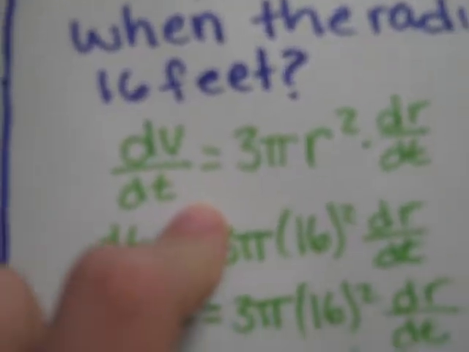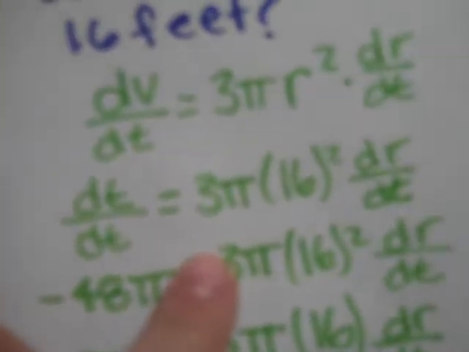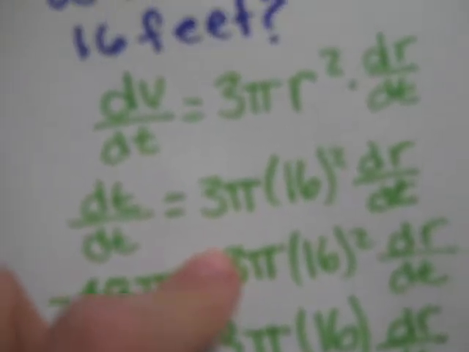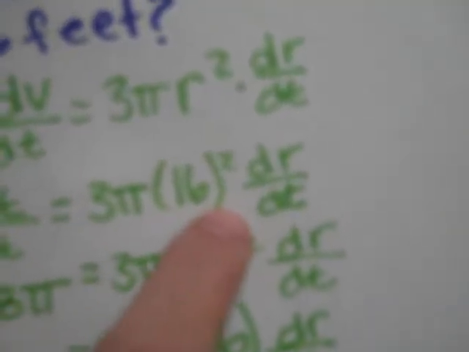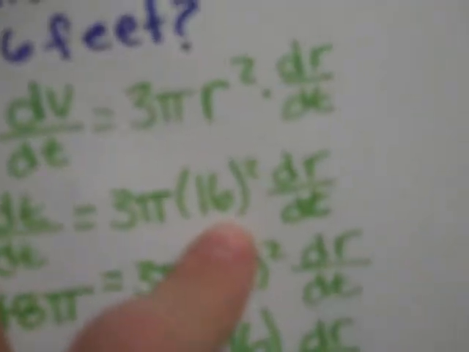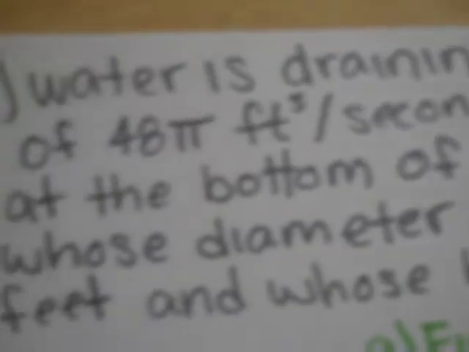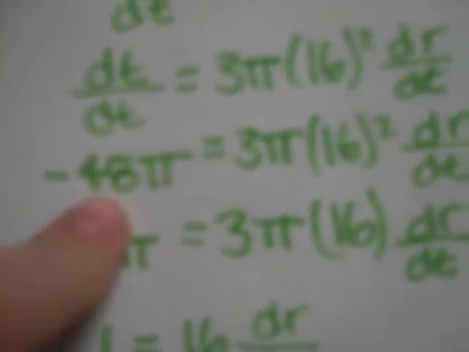So you do the derivative: dV/dt equals 3π r squared times dr/dt. Then dV/dt equals 3π 16 squared, because the radius is 16 feet, dr/dt. Negative 48π is the dV/dt, because that's the rate of change in the original problem, equals 3π 16 squared dr/dt.